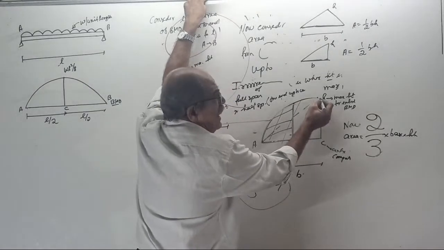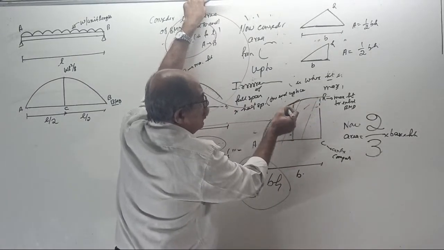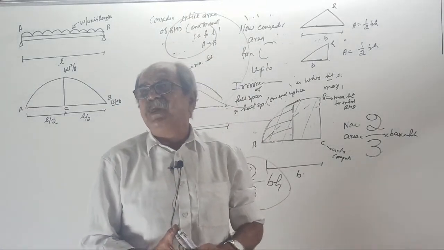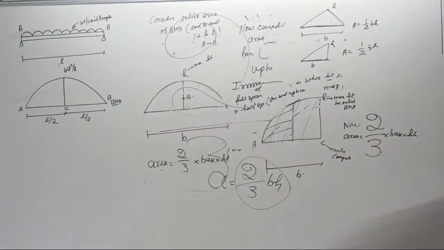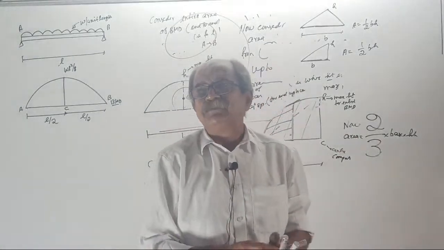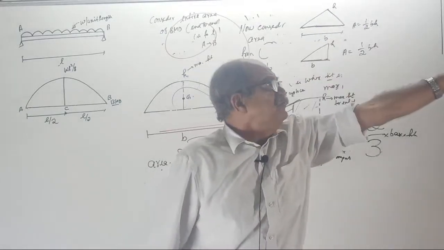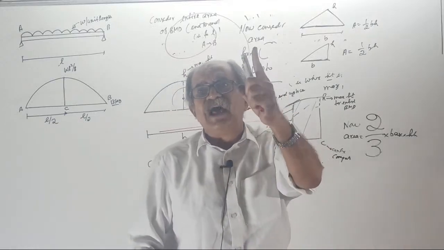Wherever that height is taken, slope should be 0. Here slope is not 0. Clear? That formula for simply supported beam, you cannot apply when you want randomly some length from support. Either from this end, you should go up to that end, or from one end, you should go up to center.